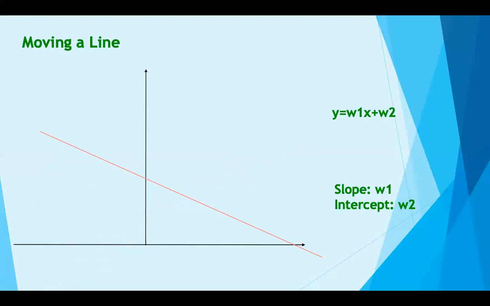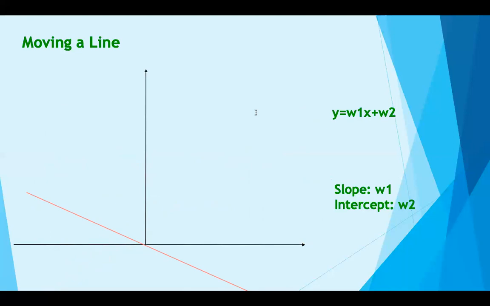Now, if we increase the y-intercept, then the line will move parallel upward. And if we decrease the y-intercept, it will move the line down. So we are going to align it closer to the points, and this is used in linear regression. It is called the absolute trick.